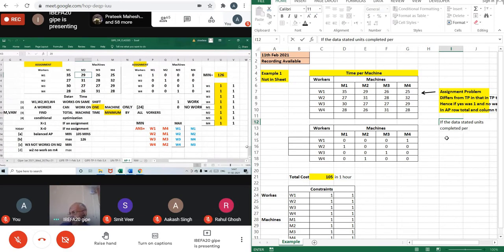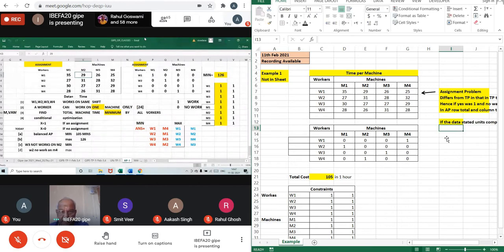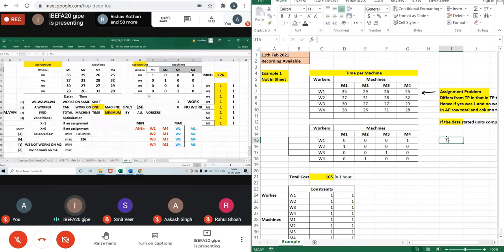So 126 multiplied by 8 will give you a rough idea whether they meet the requirement for the market. Plenty of workers are there.